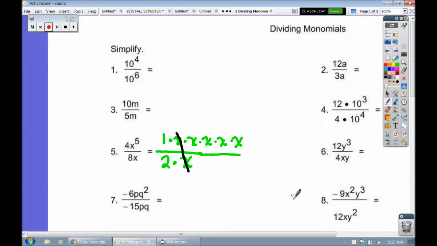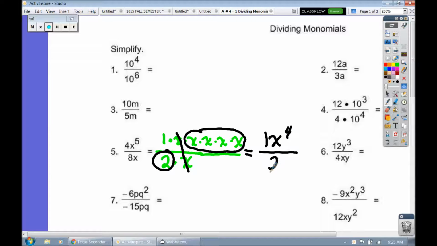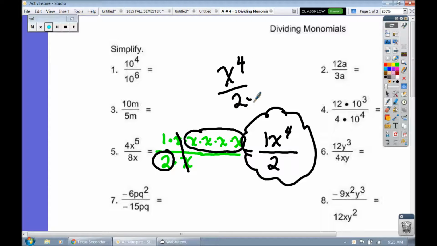I could cancel out 1 set of x's there, and that would leave me with 4 on top and none on bottom, so I'd be left with 1 times x times x times x times x. That is x to the 4th. And I just simply have the number 2 on the bottom. And there's your answer. You can actually simplify that by simply saying 1 times x to the 4th is x to the 4th, and put 2 on the bottom.